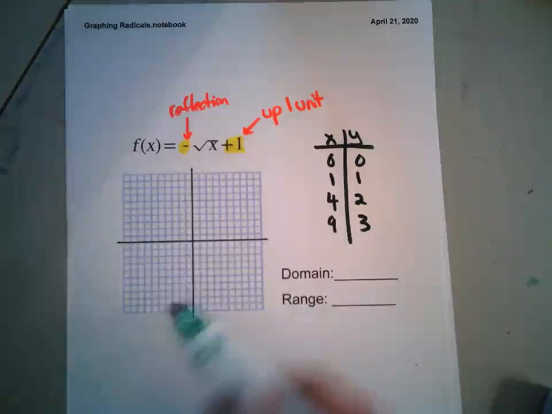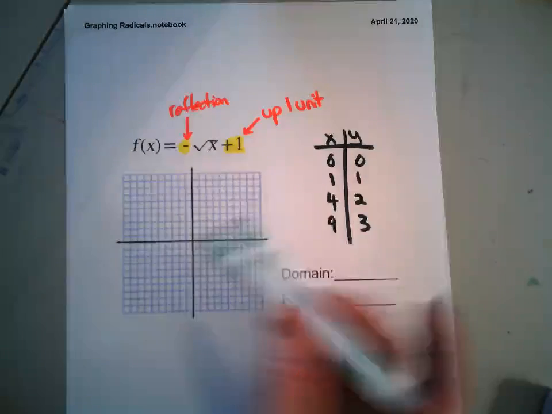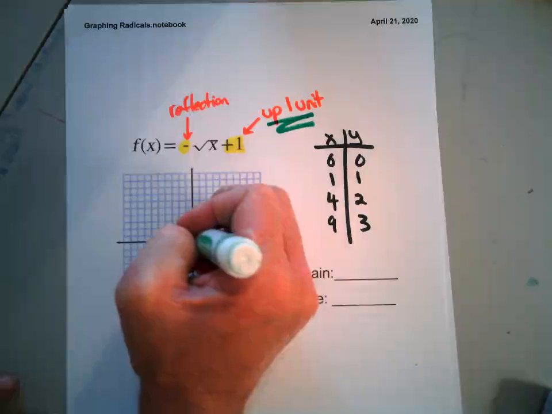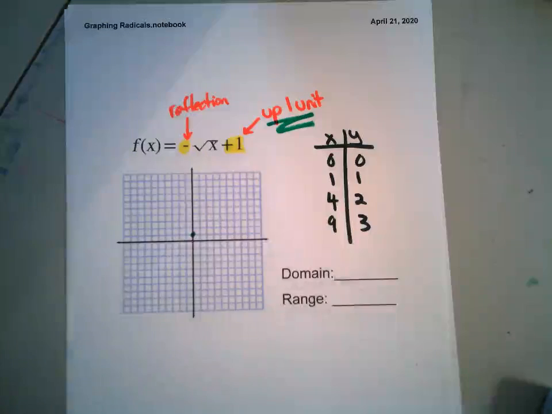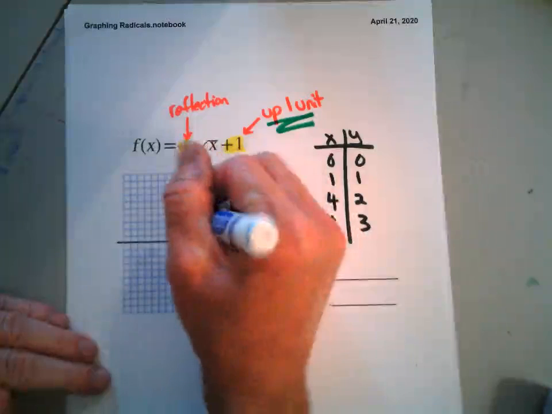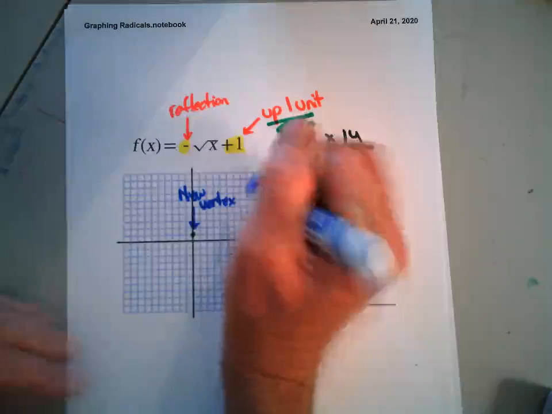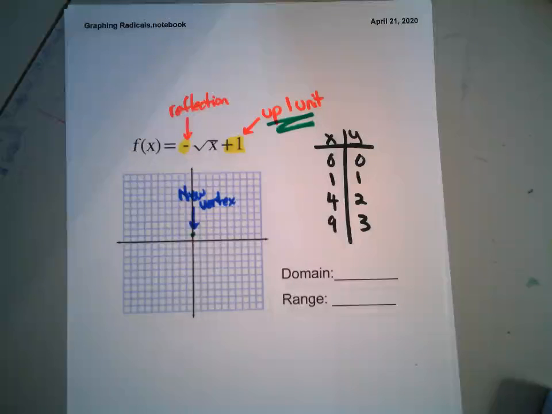All right, always starting at the origin, we have an up 1. So we're going to go from the origin, we're going to go up 1 unit. So that is our new vertex. Everything comes from that point right there.